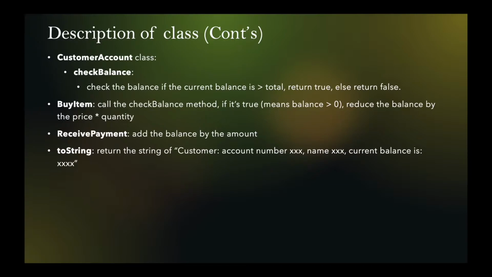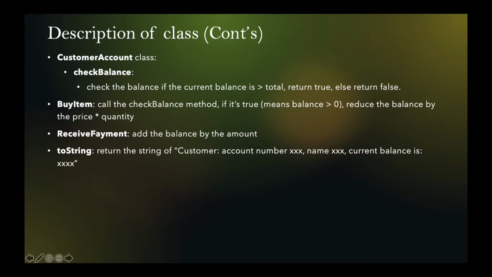Then you will reduce the balance by the price times the quantity. If you receive the payment, you add the balance by the amount. Then the toString will return the string of the customer account number, the name, and the balance as well.